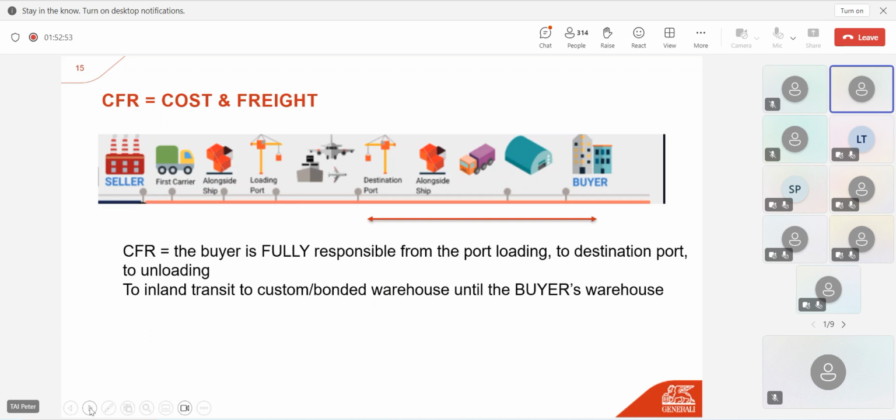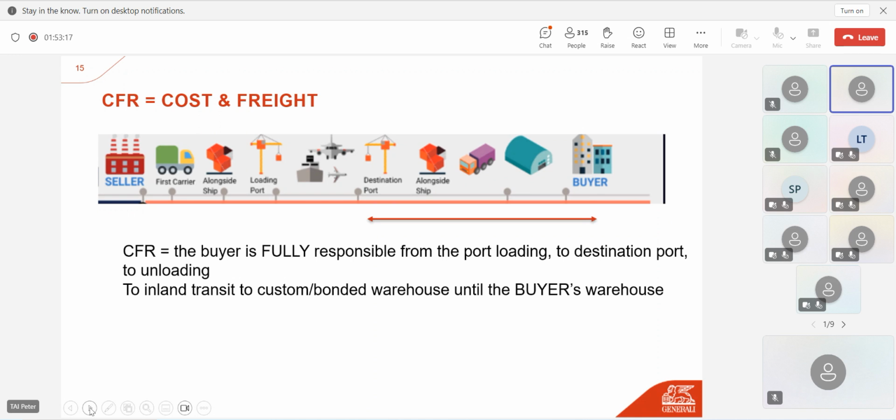You are exposed to rough sea, high piracy, tsunami, so many elements. Not many sellers are willing to take this kind of risk. They do FOB because FOB is within their control. It's all inland transit only.